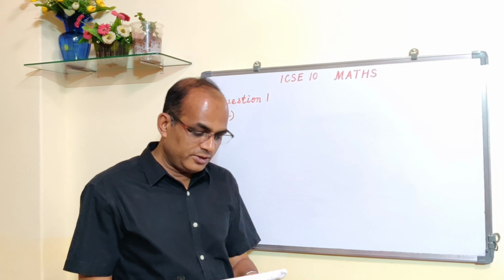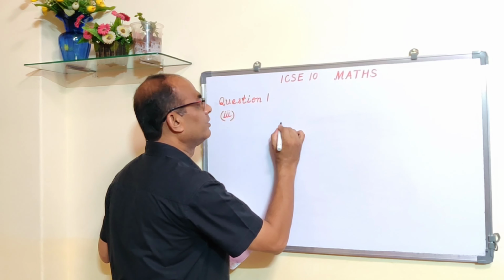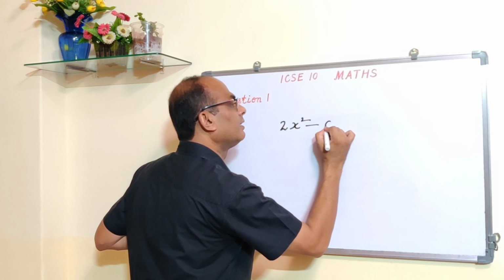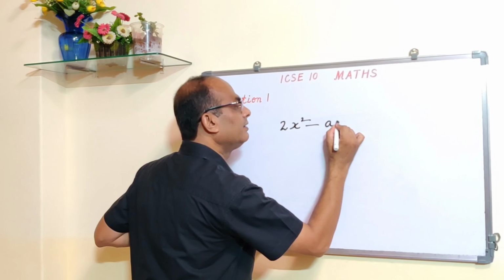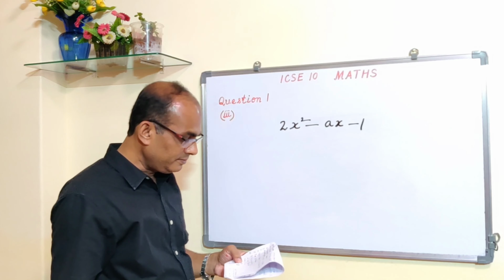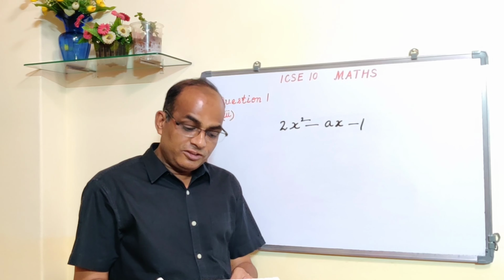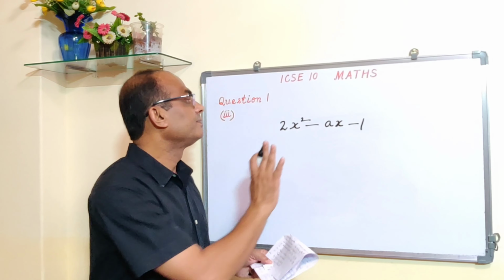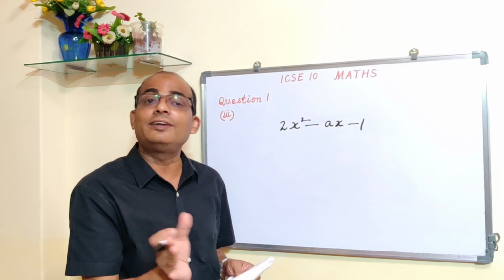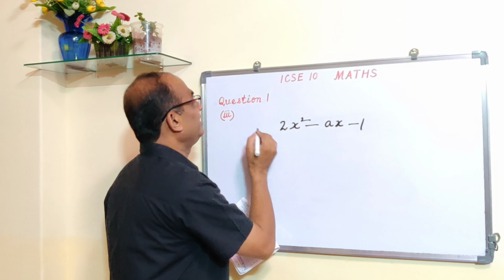X minus 1 is a factor of 2x square minus ax minus 1. Now x minus 1 is a factor of this, therefore the remainder f(1) should be 0. Alright, so f(1) you find out, this is f(x).